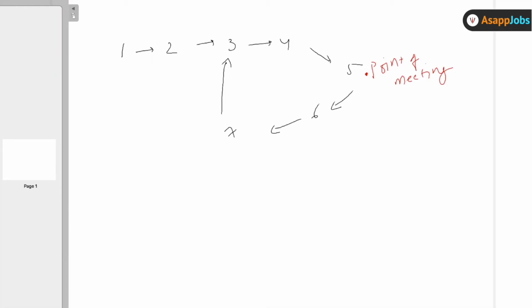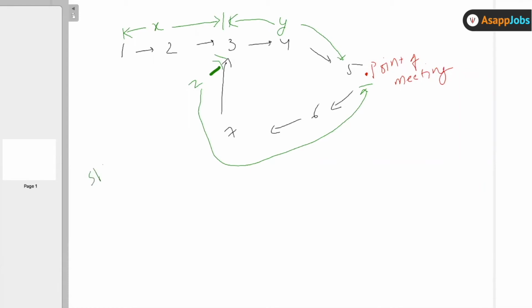Suppose 1 till 3 is the distance x, 3 to 5 is the distance y, and 5 to c is the distance z. Make sense? Yes. Now let's talk about a very simple mathematical concept of speed, time, and distance.